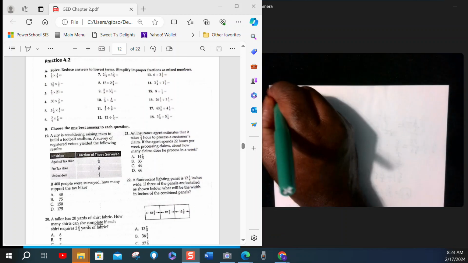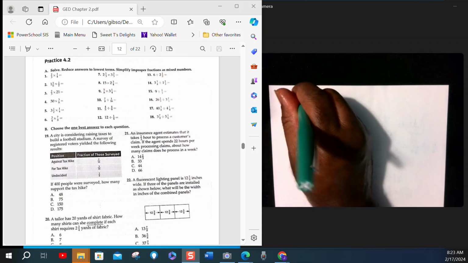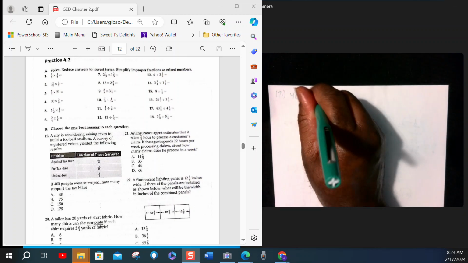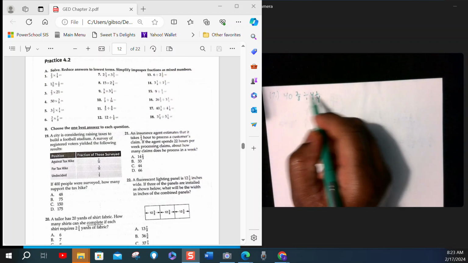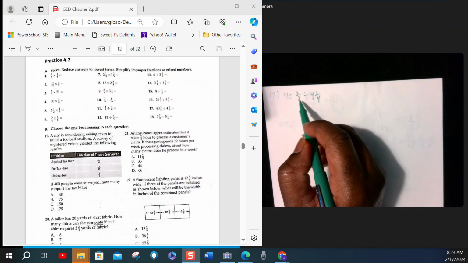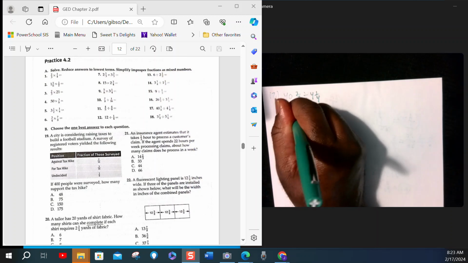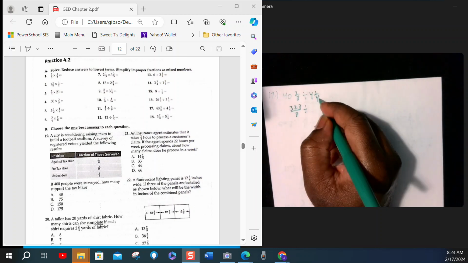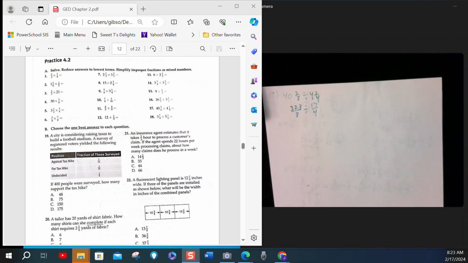So we have 40 and 3/8 divided by 4 and 1/4. So we change these to improper fractions. 40 times 8 is 320 plus 3 is 323 over 8 divided by 4 times 4 is 16 plus 1 is 17. Denominator remains 4.